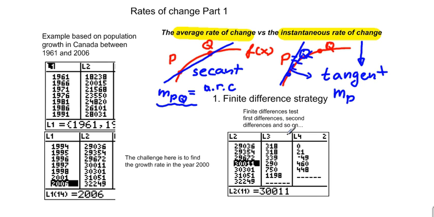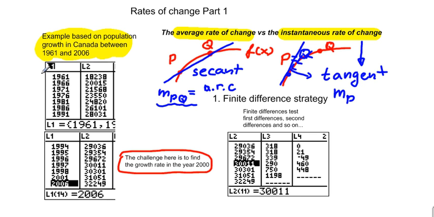So this example illustrated on this side of the screen shows the population of Canada between year 1961 and 2006. The objective here is to find how fast the population was growing in the year 2000. And why is this a very interesting example?